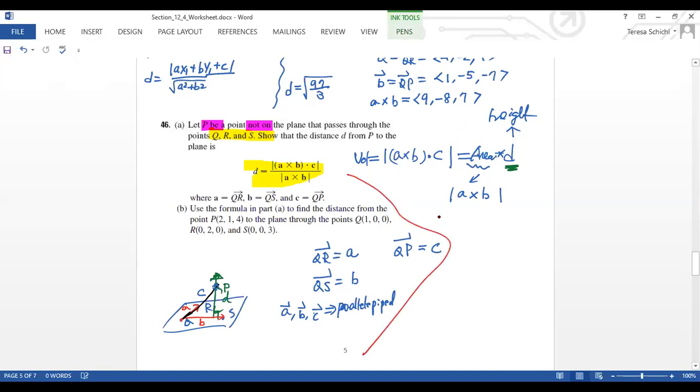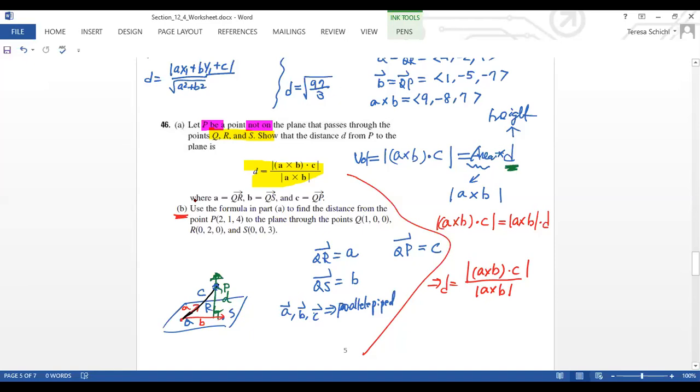A cross B dot product C is equal to the length of A cross B times the distance. So what is the distance here? It will just be A cross B dot C over the length of A cross B. So it's very easy to prove, right? After you have this formula, everybody knows how to do it. Just plug it in here.